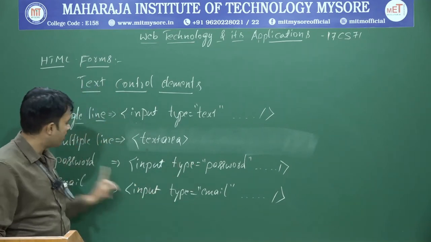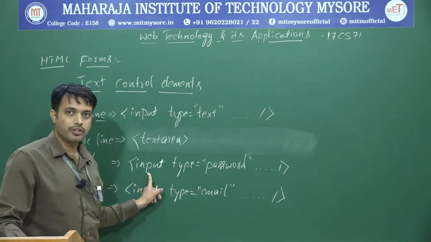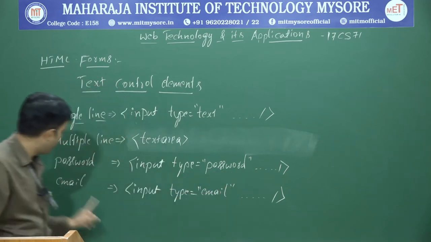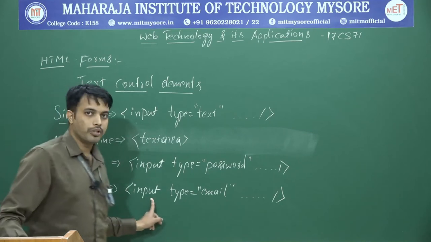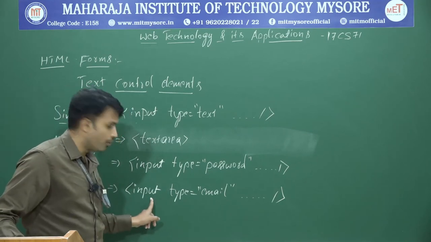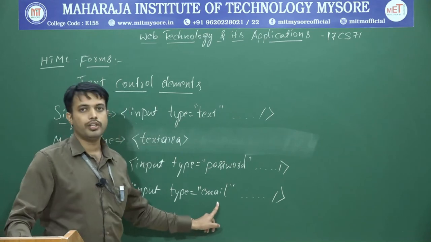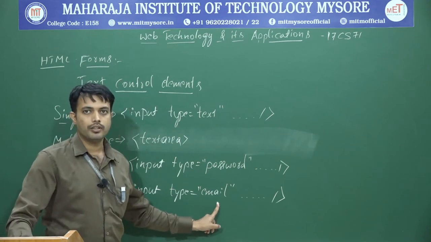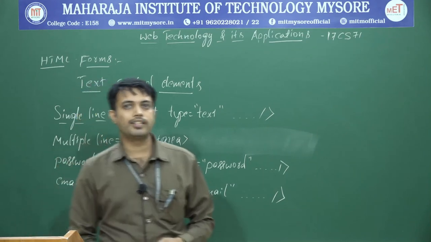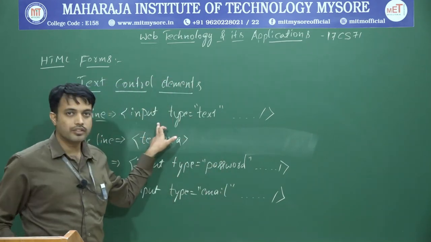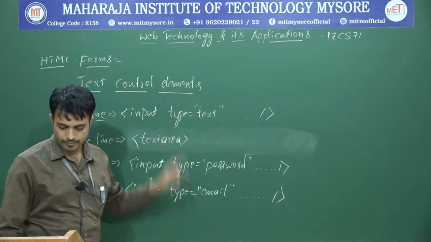Next, for a password, input is the tag, but the type is password. Again, in order to read an email from the user, we have an input tag, and within that input tag type equal to email. Now let us look at examples one by one. So the first one is input text.